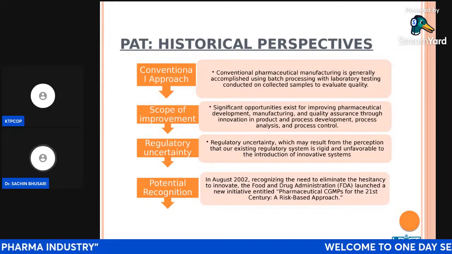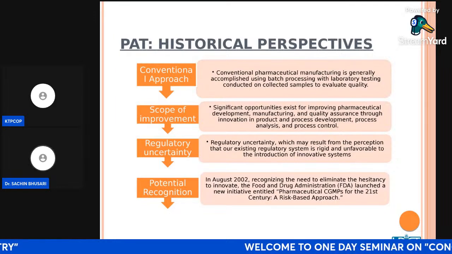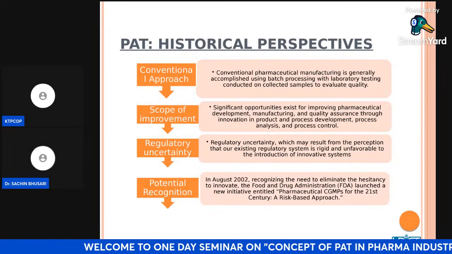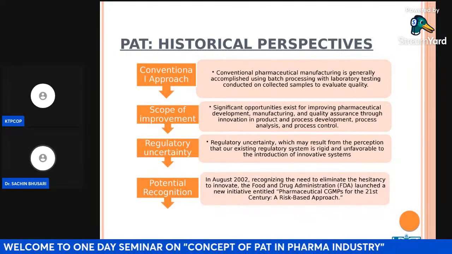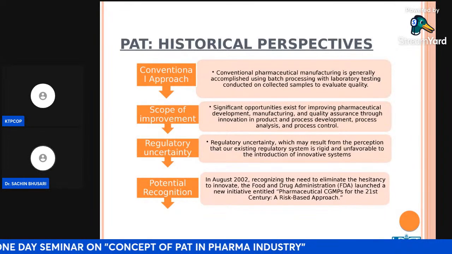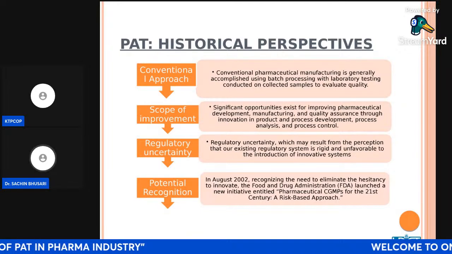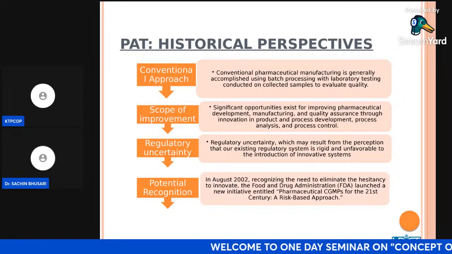So Pharmaceutical CGMP for the 21st Century, a risk-based approach, was launched by the USFDA, and that was the starting point wherein the governing and regulatory agencies thought that yes, we should change our perspective. So if you go through the history of PAT, you will see this flow wherein PAT was changed.